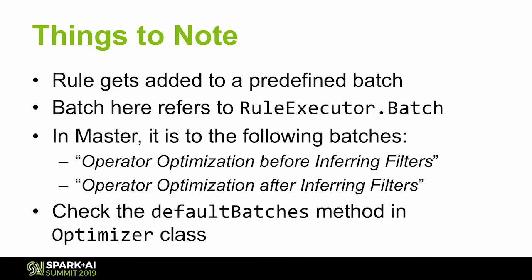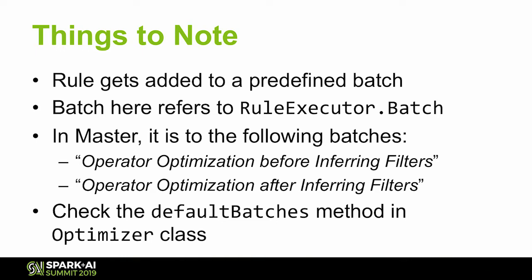So some things to note. The rule gets added to a predefined batch. So you don't have control over where the rule gets added. The batch here is, again, the rule executor batch. It's a special term in the Catalyst Optimizer. So in the master trunk today, if you do the injectOptimizerRule, it will get added to the following batches: the operator optimization before inferring filters and operator optimization after inferring filters.